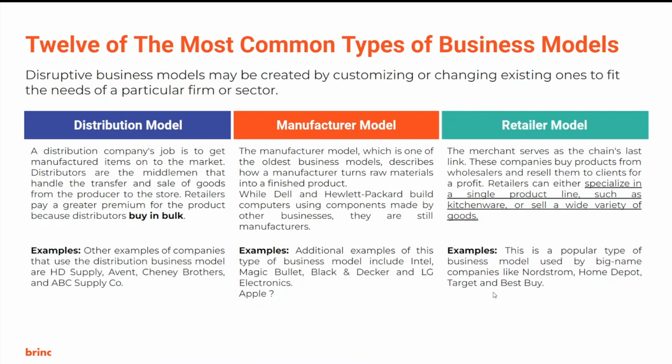What you do is you actually bring that product to life. You build that product yourself. That's the manufacturer model. So the distribution model is the second line of supply chain.